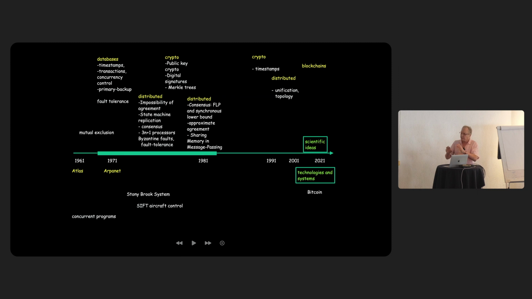In these 15 years, many of the main ideas appeared, grouped by topic: databases, crypto, distributed computing, and below there are the systems that created this huge amount of work: the Atlas supercomputer and the appearance of ARPANET in the early 70s. And then a few systems that were built before really understanding what was going on, without a scientific computer science theory behind them.